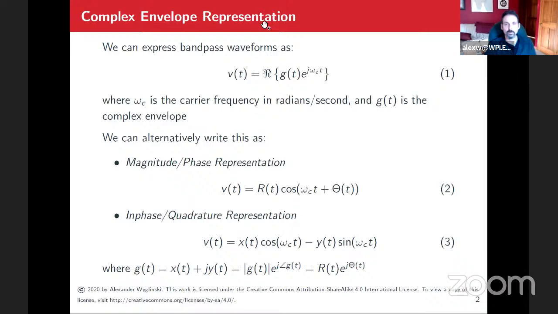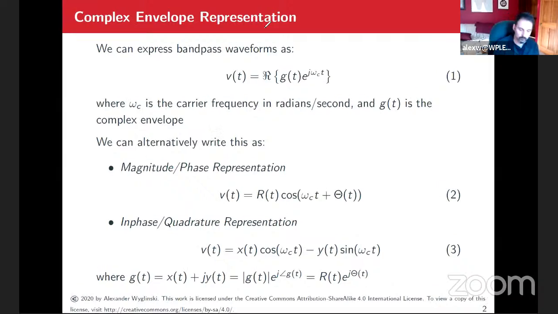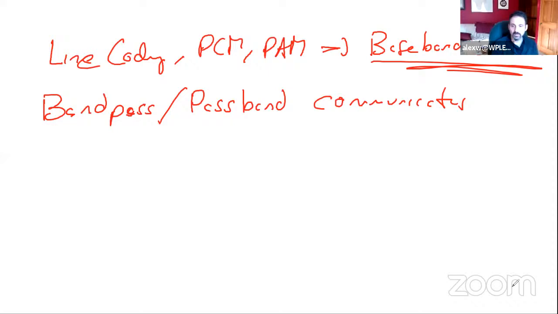I'm going to put it on one slide because it's that important. So, the definition.